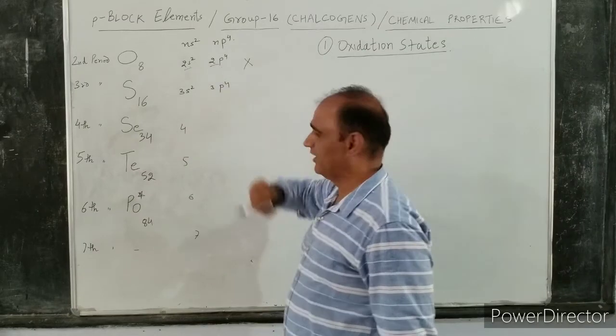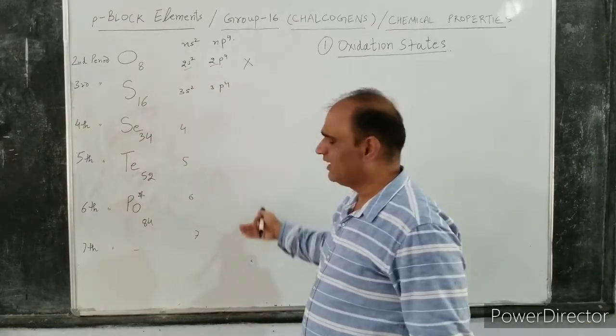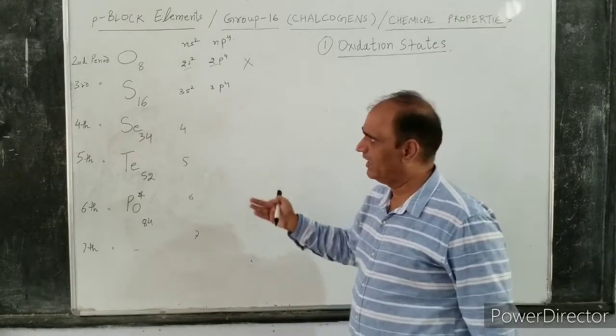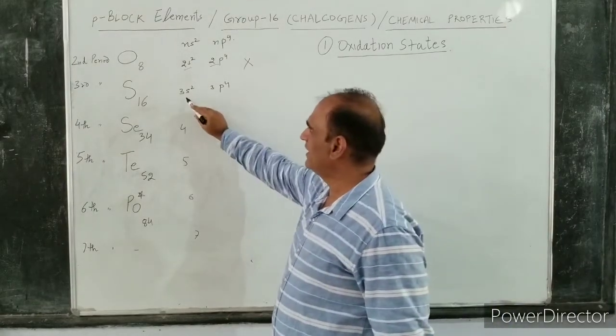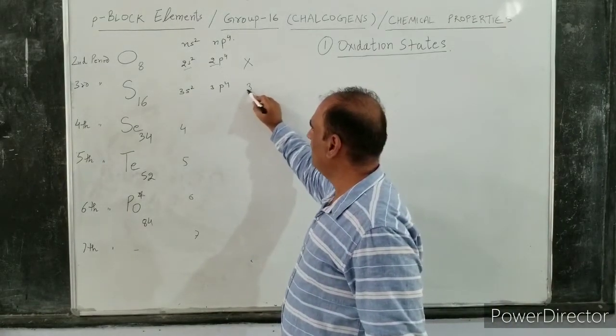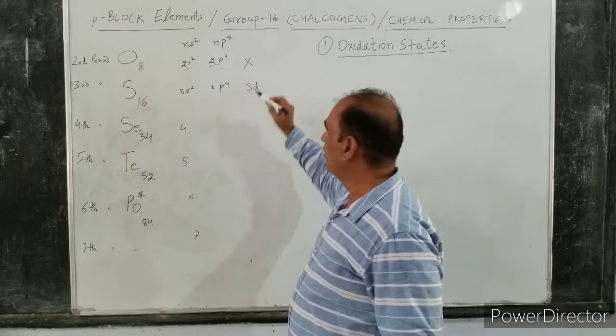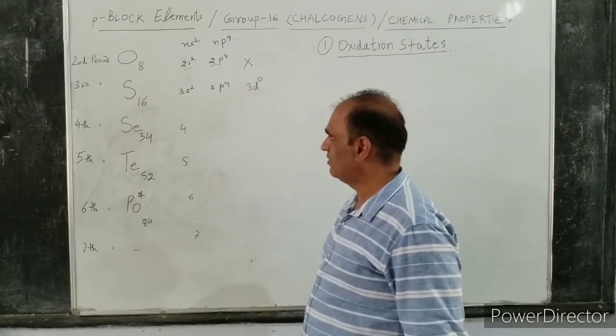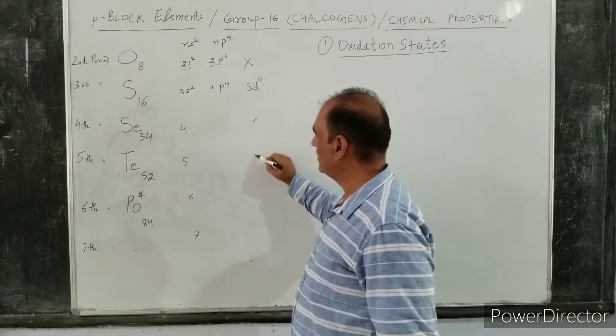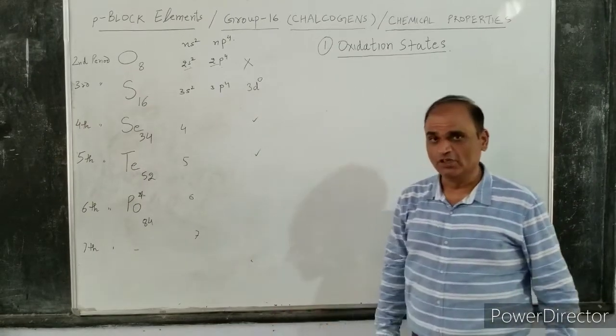D subshell is not there. But in other elements, in atoms of other elements like sulfur, 3s2, 3p4, but 3d subshell is also there. Of course, it is not having any electron. Similarly here also, in all other cases.